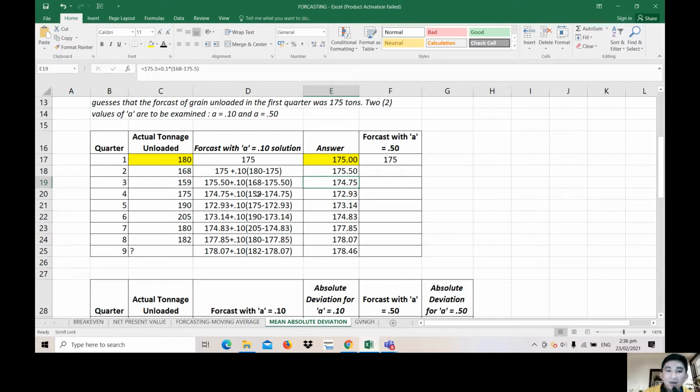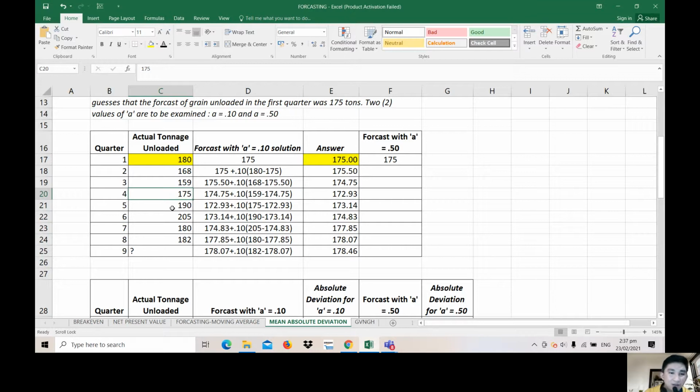Where did that come from? From the actual and forecast of quarter 3. So the answer here is 172.93. It is closer to the actual tonnage unloaded: our forecast is 172, and the actual is 175.